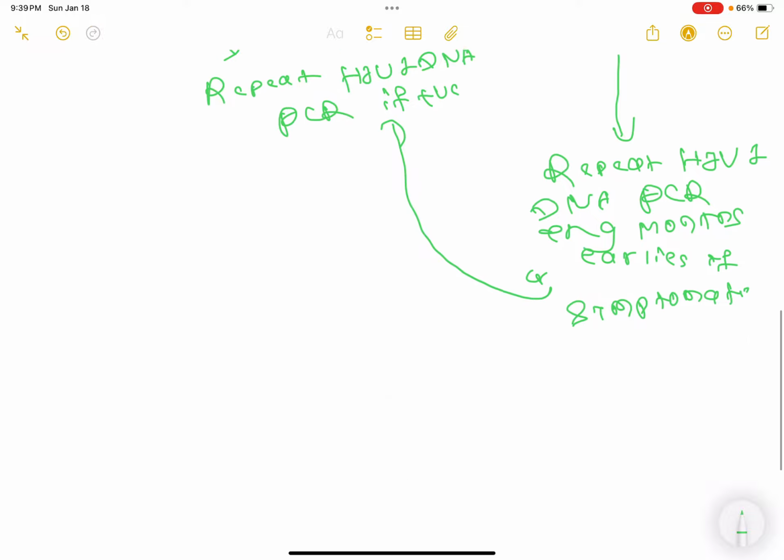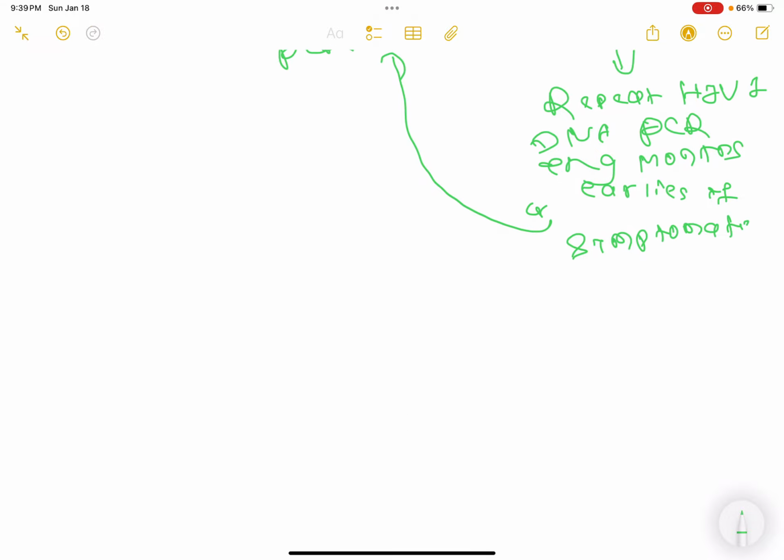And if the test is negative, then continue cotrimoxazole till HIV is excluded.